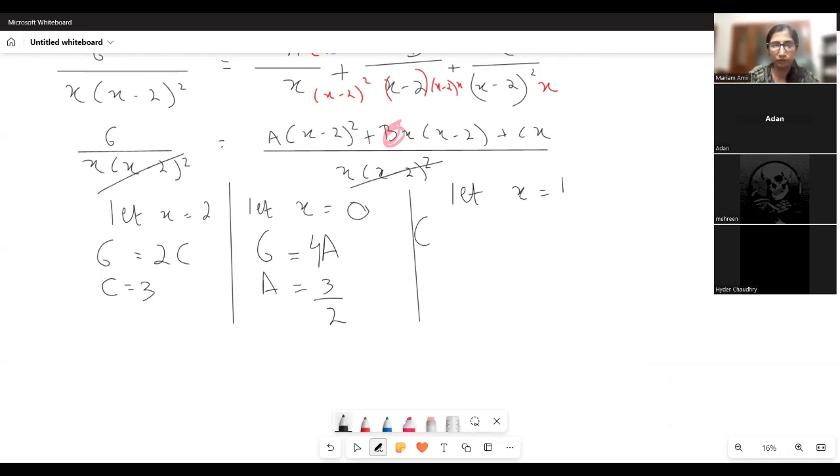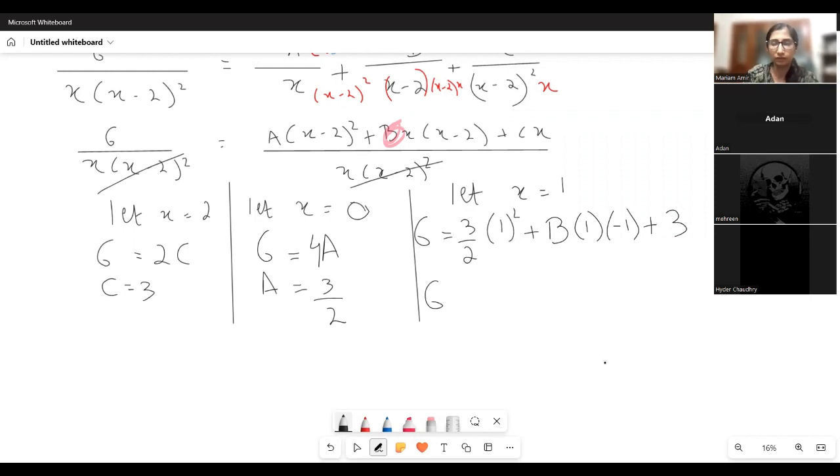So that gives us 6 equals A is 3 upon 2. Then 1 minus 2 is going to be minus 1, whole square of that is still 1. Plus B is what we're trying to find, times x, which is 1, and then 1 minus 2, which is minus 1. And then plus Cx, so that's just C. And also we already have the value of C, so that's 3.